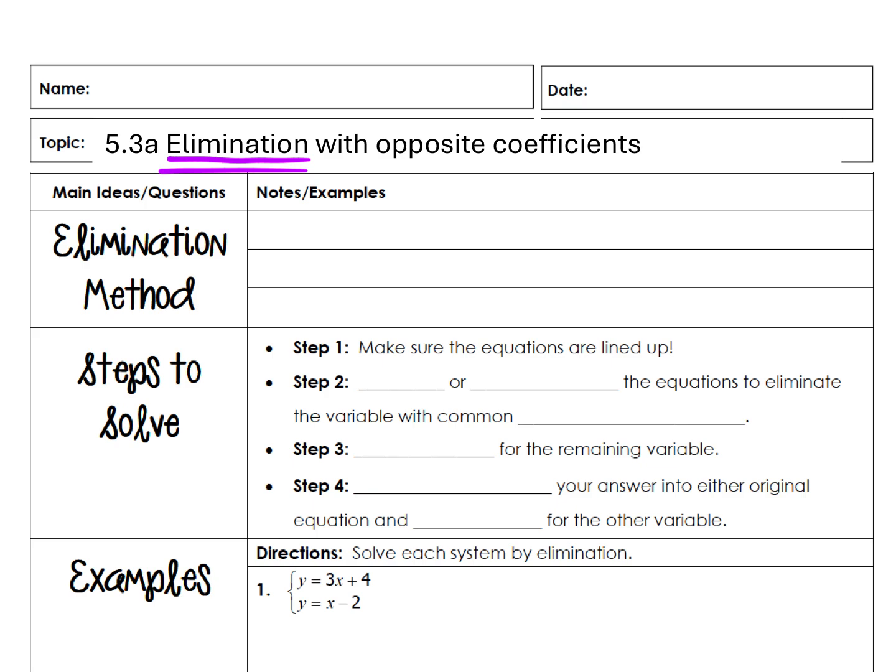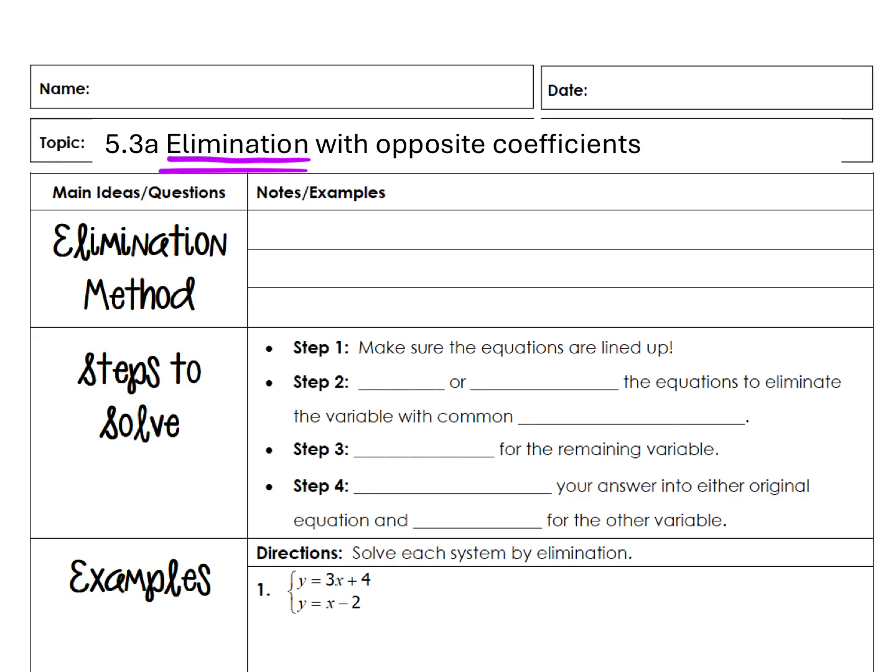Okay, so starting with what is the elimination method? So far we've done graphing, where we graphed two lines and the answer was the point where they meet. We've done substitution, where we isolated one variable, so it was y equals something or x equals something, and then we substituted that something in place of the y or the x.